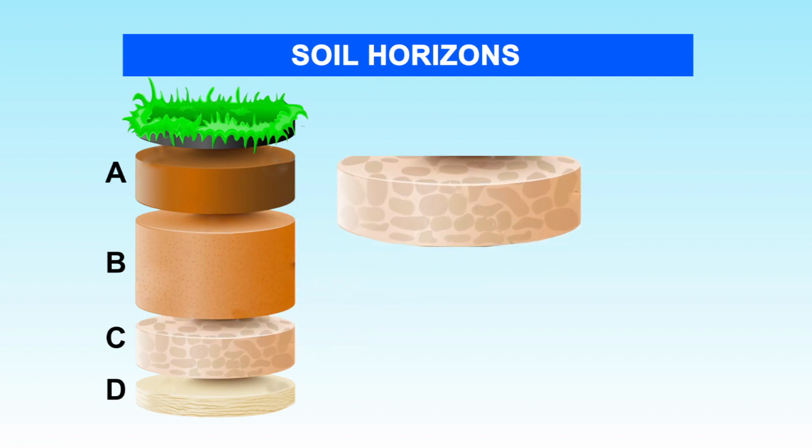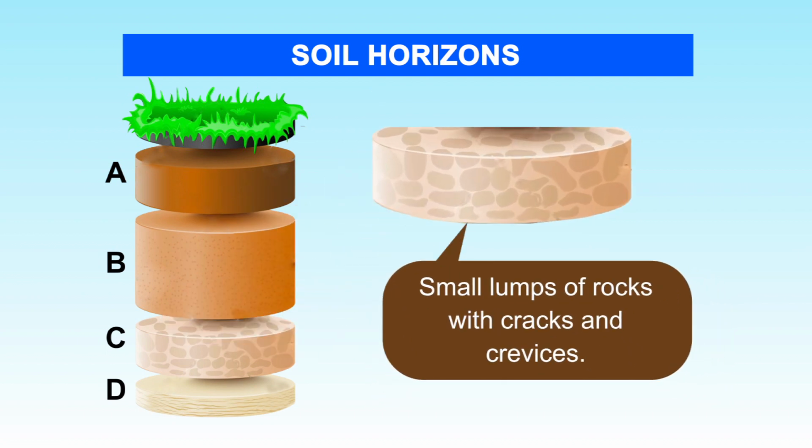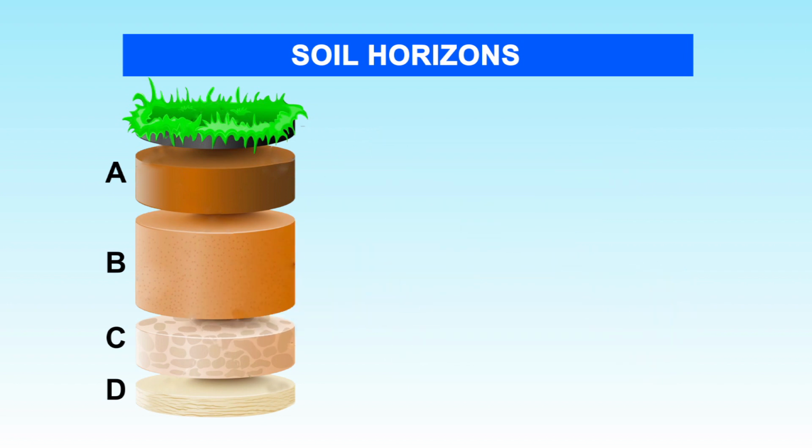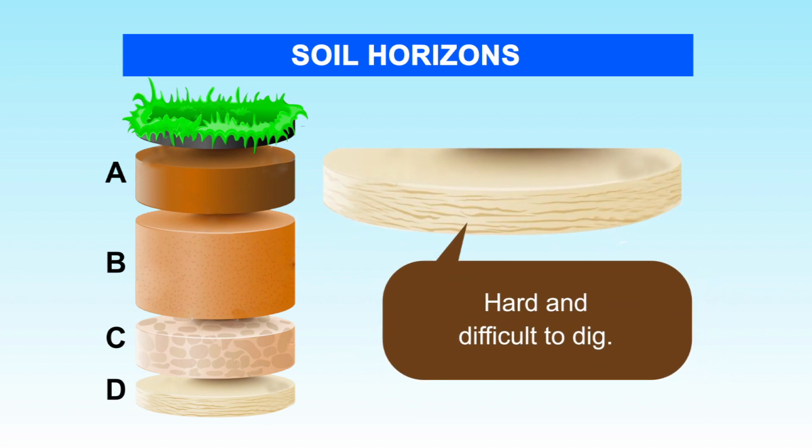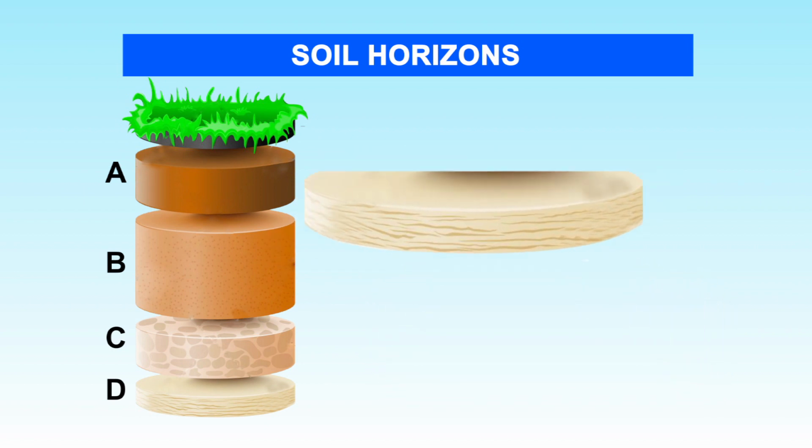The third layer is the C horizon, which is made up of small lumps of rocks with cracks and crevices. Below this layer, bedrock is present, which is hard and difficult to dig with a spade.